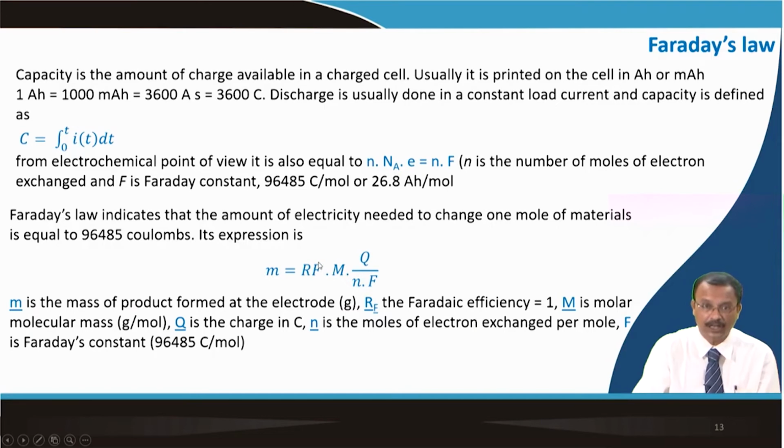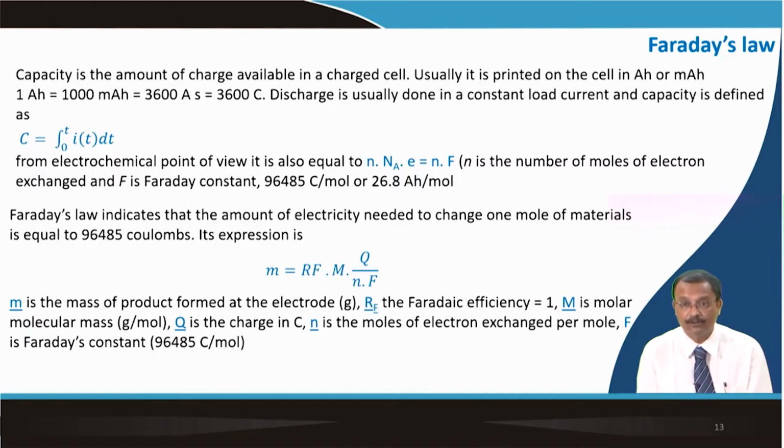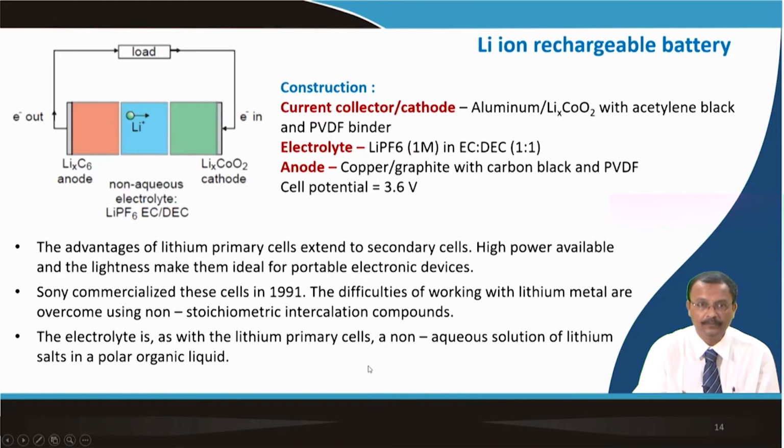Q is the charge that is usually taken in coulomb, n is the number of moles of electrons exchanged, and F is the Faraday constant, the value is 96485. So, this relation is actually estimated from the Faraday law, which is basically the amount of electricity that is needed to change 1 mole of material, and that is equal to 96485 coulomb.